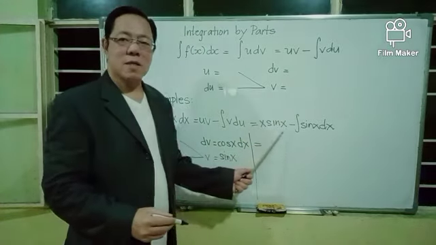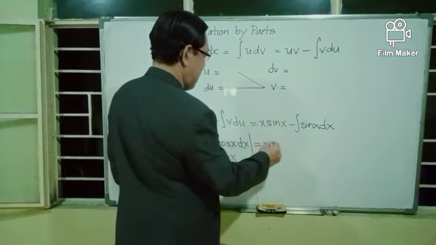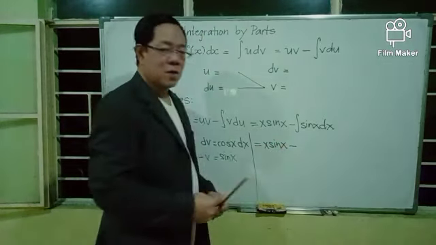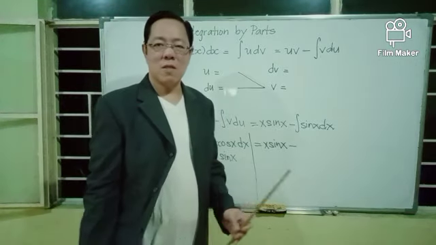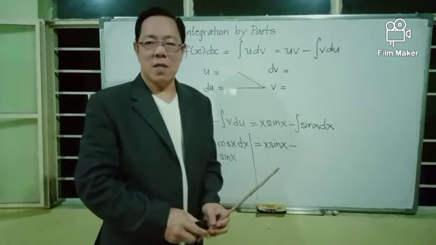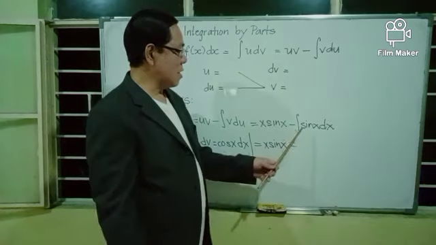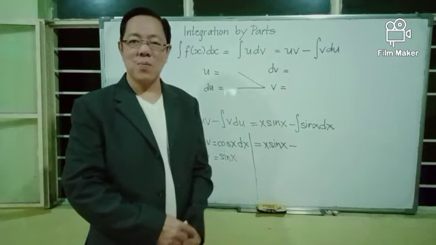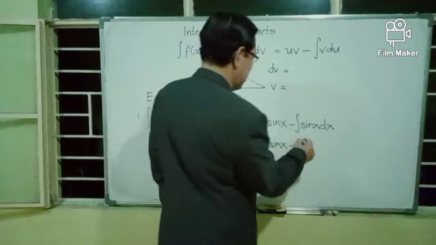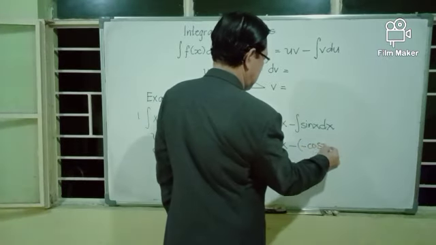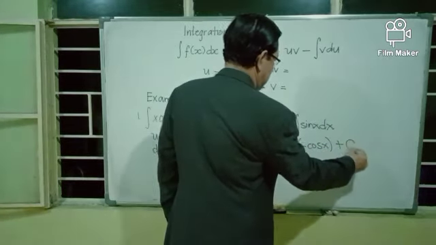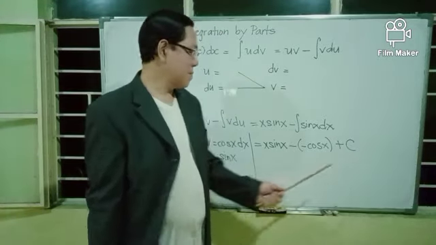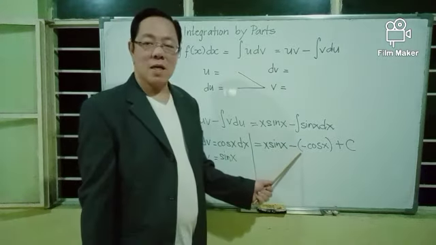And we have x sine x minus, from your past lessons on the integrals of trigonometric functions, the integral of sine x with respect to x is negative cosine x, plus the constant of integration c. We simplify: negative times negative is positive.